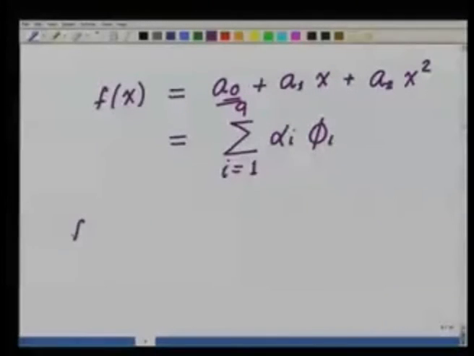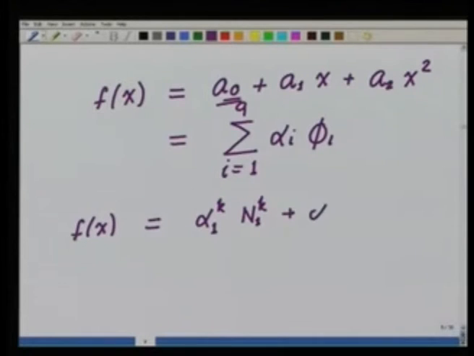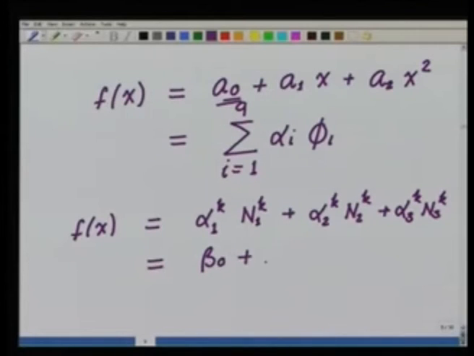In the element, if I want to write f of x, it is equal to alpha 1 of k, N1 of k plus alpha 2 of k, N2 of k plus alpha 3 of k, N3 of k. And let's say the quadratic polynomial we have taken, in the element, is of the form beta 0 plus beta 1x plus beta 2x squared.